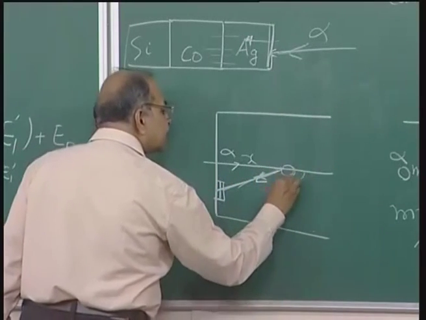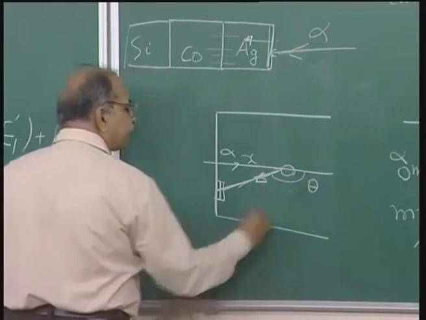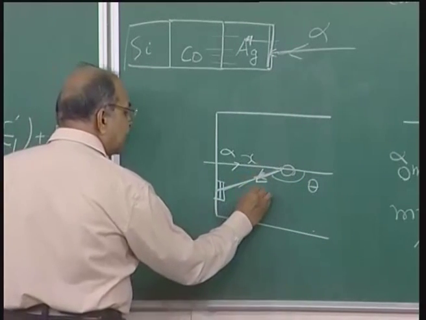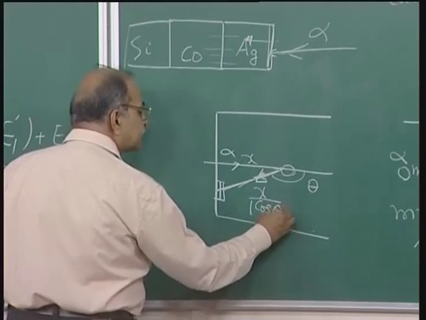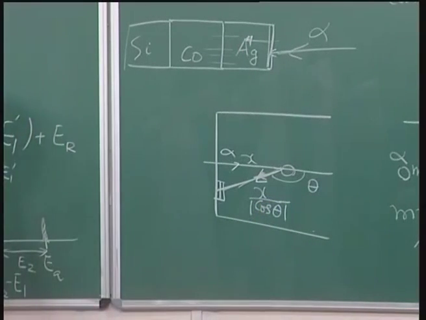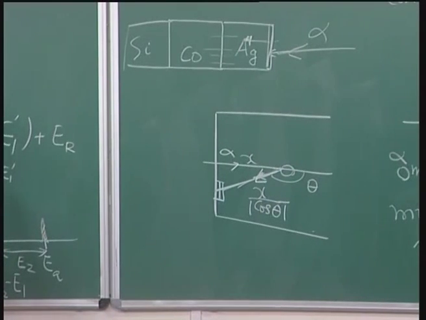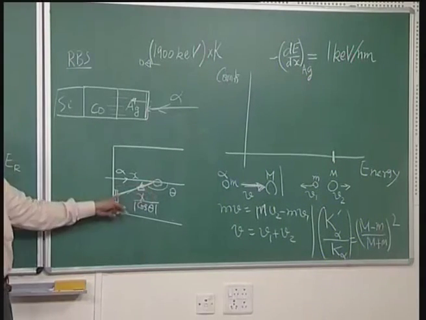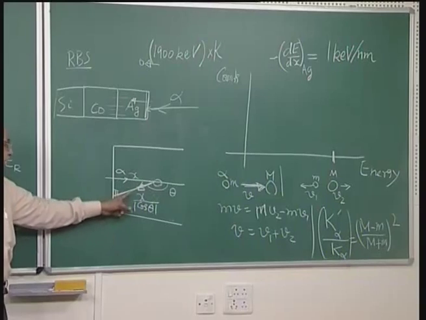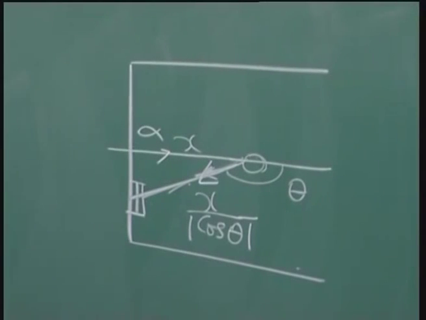If the angle of scattering is theta, then this distance will be x divided by mod of cos theta. So, as it comes back towards the detector, it loses energy, and that energy will be lost during this transit path x by mod of cos theta.